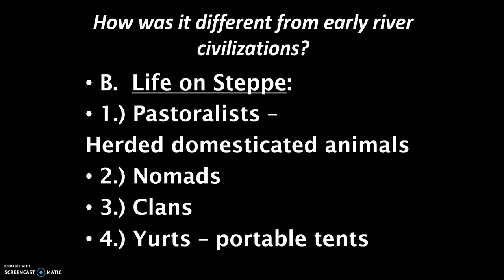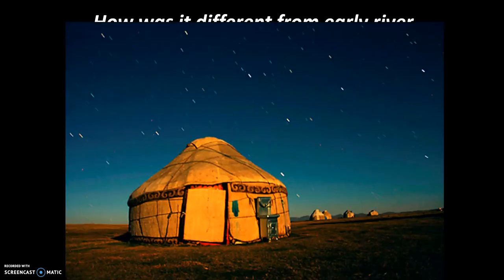So a yurt has sort of a flexible skeleton inside made of woven strips of wood, and then felt fabric thrown over top of it. So a typical yurt would look like this. This yurt in particular has a wood-burning stove outside. You can see it. Not all of them would be quite as fancy as this one.